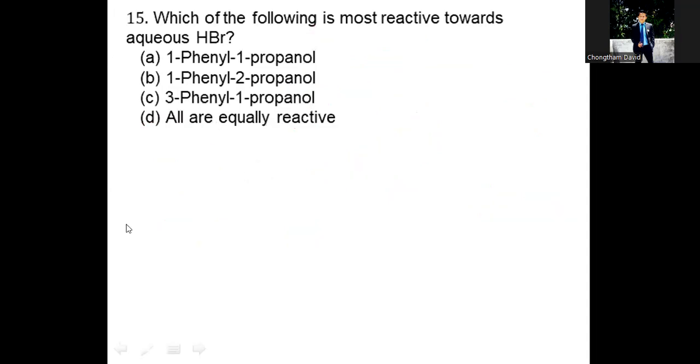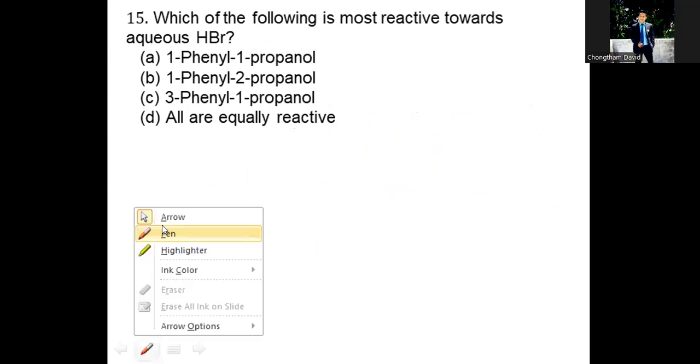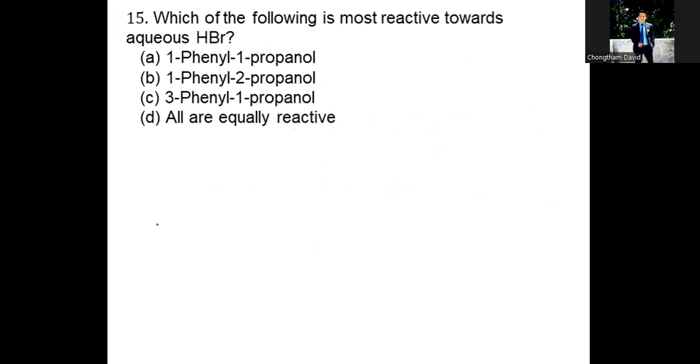Question 15. Which of the following is most reactive towards aqueous HBr, hydrogen bromide? Here you have to remember carbocation will be formed. So let us see what products can be formed from these given options.